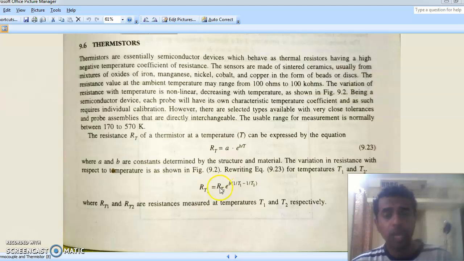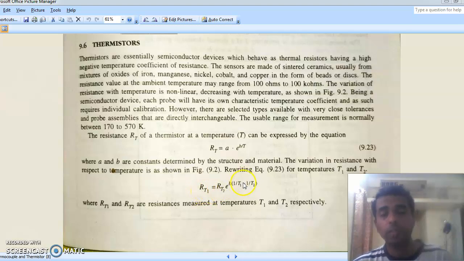What is RT2? RT2 is the resistance at some known temperature T2. This T2 is the reference temperature. If the resistance at this reference temperature is known, then you can identify the temperature from the resistance at T1.